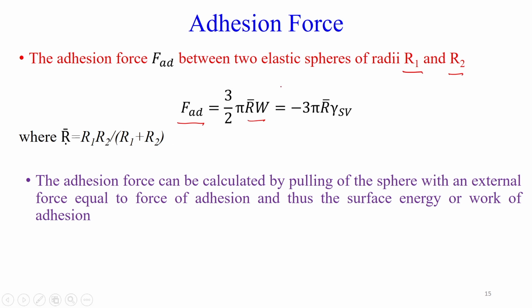Now, this work of adhesion we can write in terms of surface tension or surface energy. So, W is equal to minus 2 gamma. So, it is coming out to be adhesion force is equal to 3 pi R into gamma. So, if we can measure the adhesion force, we can calculate either work of adhesion or the surface energy.